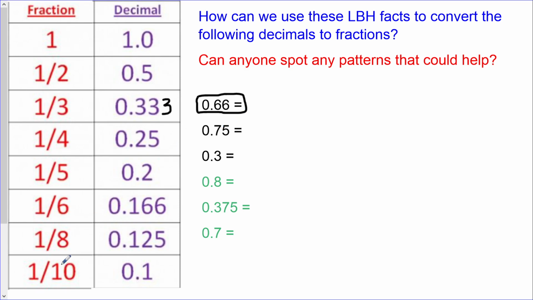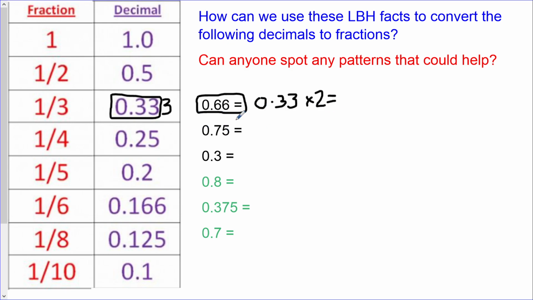However, if I look carefully here, I can see that 0.33 has a clear link to 0.66, because 0.66 is just 0.33 multiplied by 2.